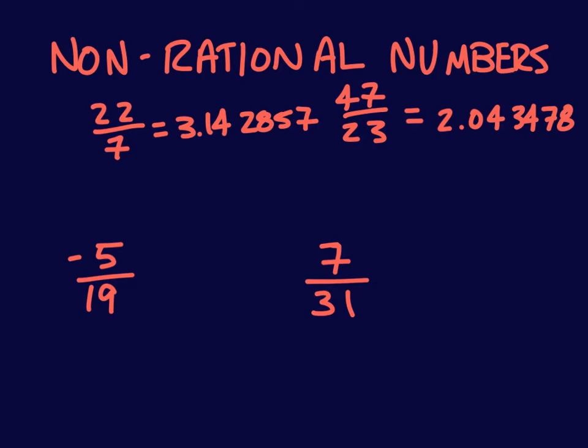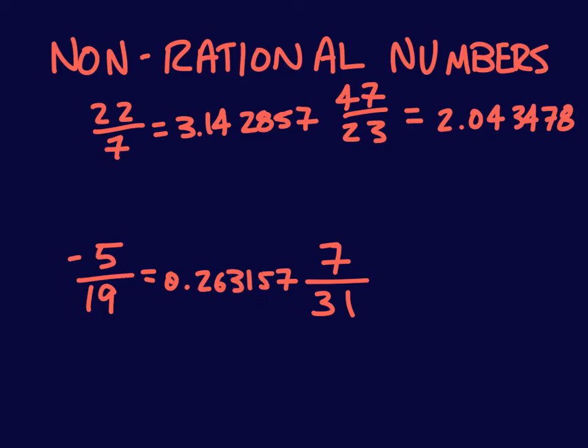This is going to give me a value of 0.263157. Okay, and these numbers keep going. I'm stopping at a certain point on the calculator just to save room. But these numbers are not going to repeat and they're never going to end. They're just going to keep giving you random numbers.